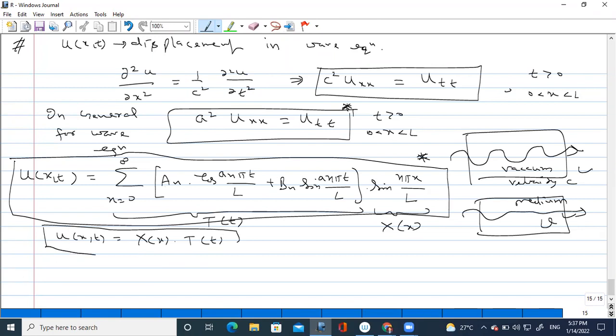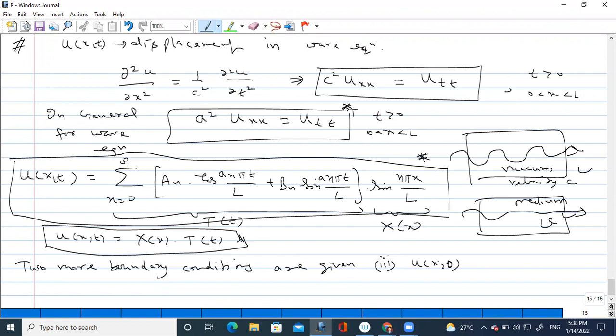Suppose two more conditions are given. Number one, or you can say that it will become 3, third, since 2 are already gone. Number third is u(x,0). In place of t, you take 0. So this is the initial time.